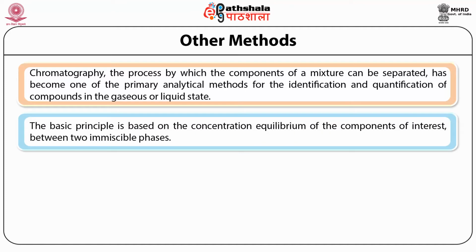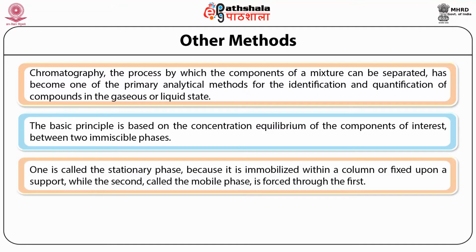The basic principle is based on the concentration equilibrium of the components of interest between two immiscible phases. One is known as the stationary phase because it is immobilized within a column or fixed upon a support, while the second one is known as the mobile phase that is forced through the first.